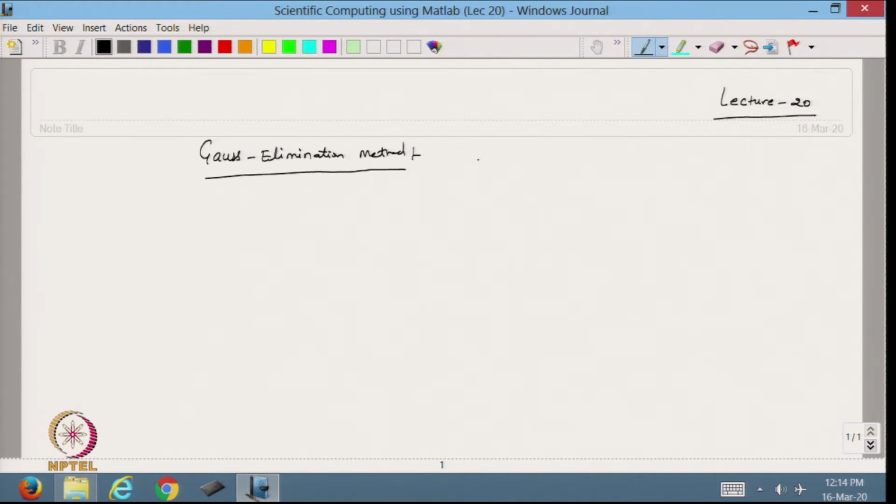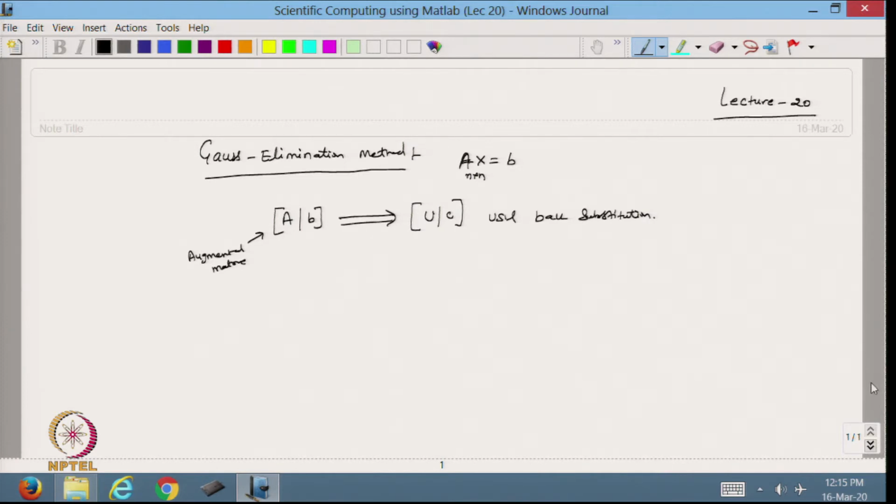In this case, I have a system Ax equal to b, that is n cross n, and then I will write down my augmented matrix A. We will convert this matrix into an upper triangular matrix, and then using back substitution we will get the solution, we will solve the system. So, let us start with this Gauss elimination method.